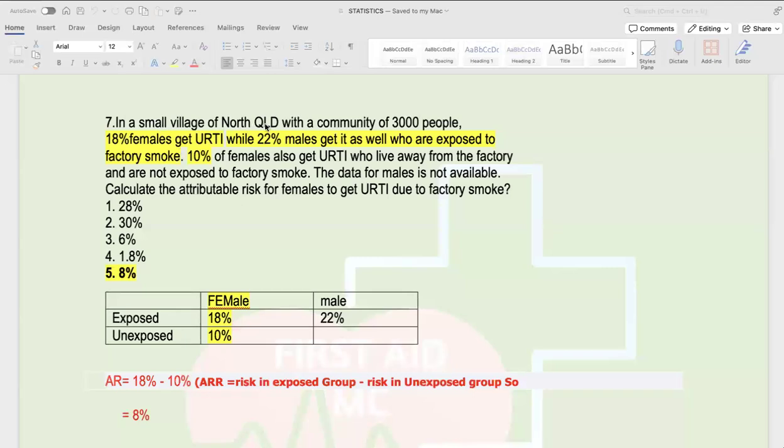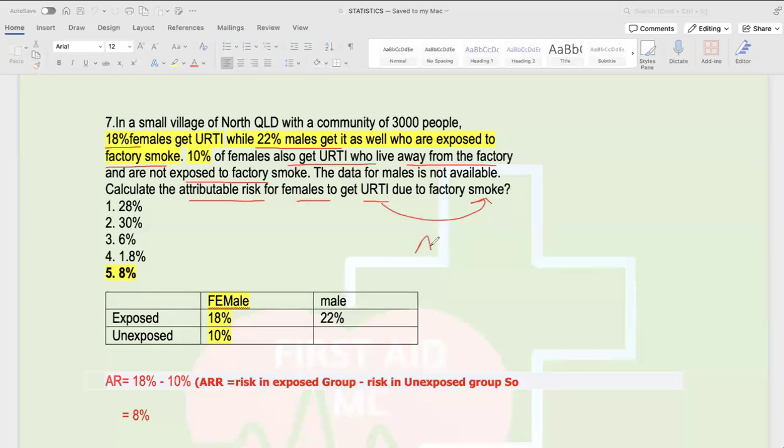In a small village of North Queensland with a community of 3,000 people, 18% of females got an upper respiratory tract infection, while 22% of males also got it, who are exposed to the factory smoke. 10% of females also got the infection, but they live away from the factory, not exposed to the smoke. Calculate the attributable risk for females to get an upper respiratory tract infection due to factory smoke.